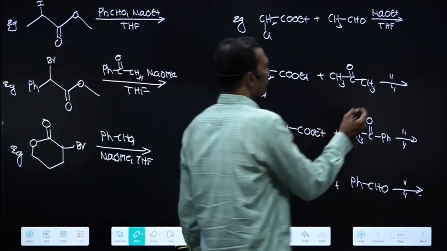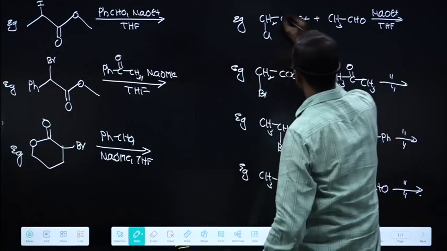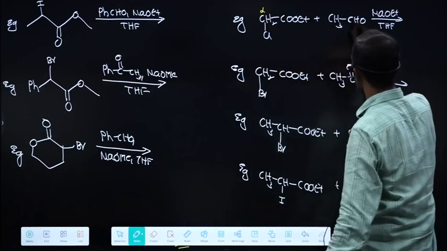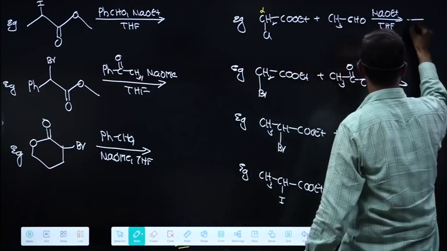Will you give the answer for this one? See, which is the alpha carbon? You condense the alpha carbon and the carbonyl carbon. These two carbons you need to condense. After condensing, write down the epoxide.